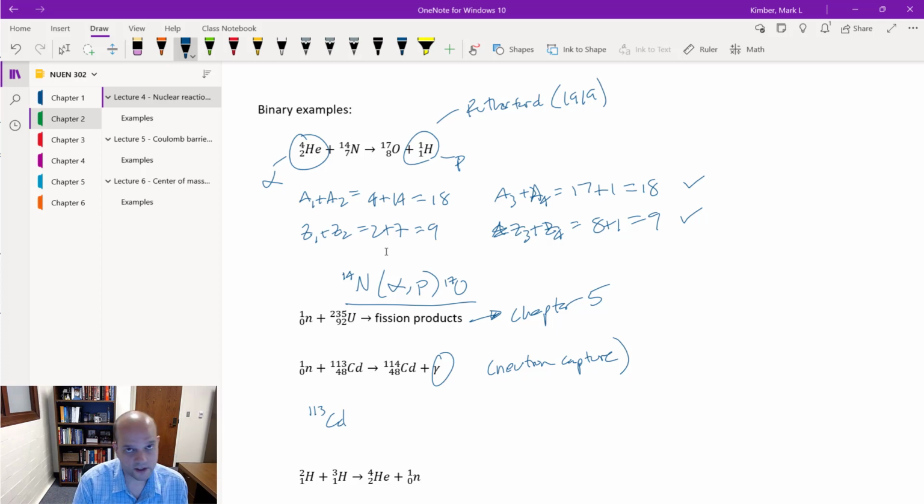But if you don't see it, you'll need to either become more familiar with the periodic table or have some resource to identify how many protons we have. So this would be the neutron coming in on the reactant side, and coming out would be a gamma, and this is cadmium-114.